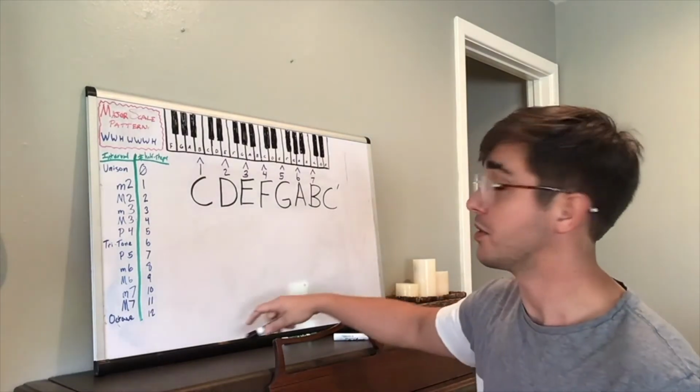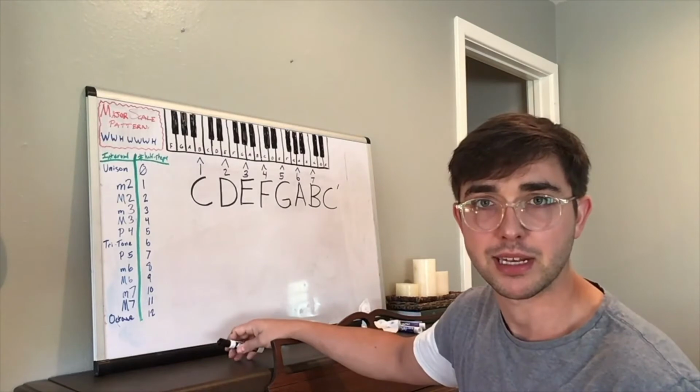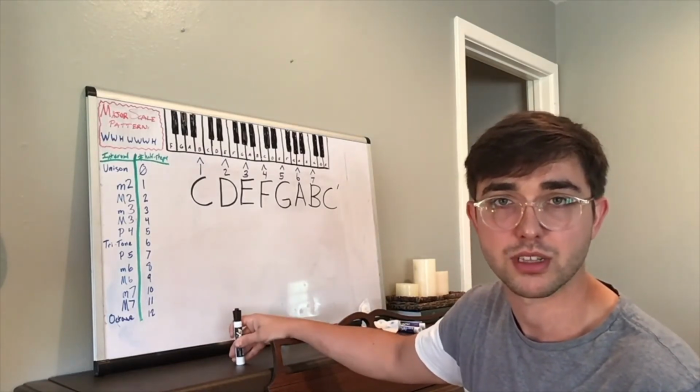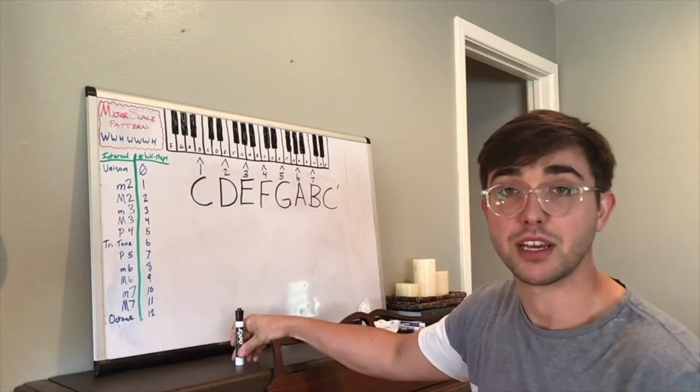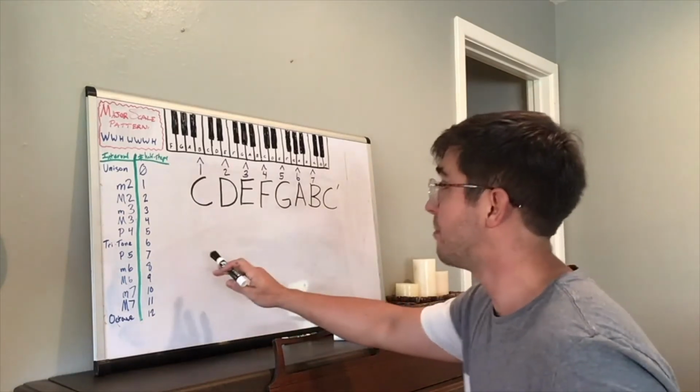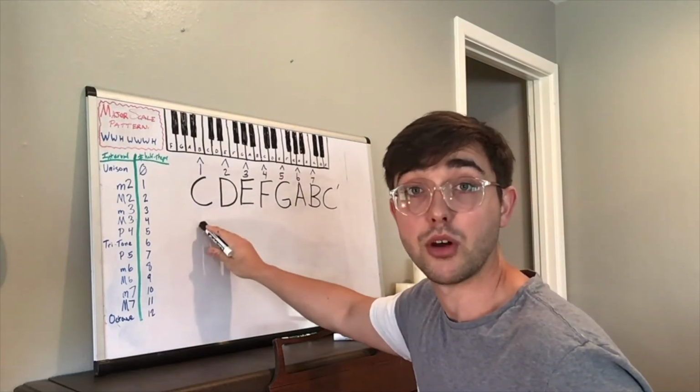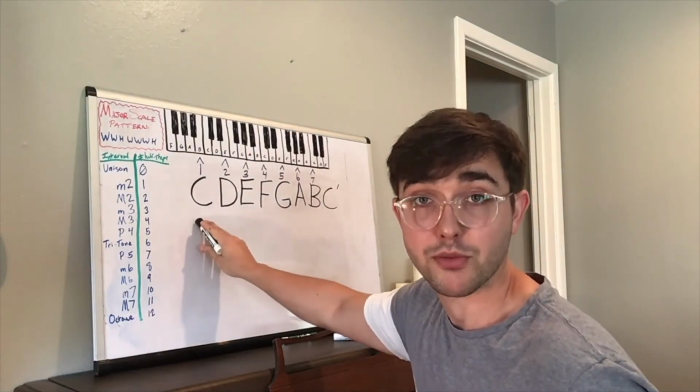If you're taking notes, what you'll have noticed is that we didn't assign any of those intervals as a minor. That's because in a major scale, if you're starting from this note and going up to another note, it's always going to be major or perfect.